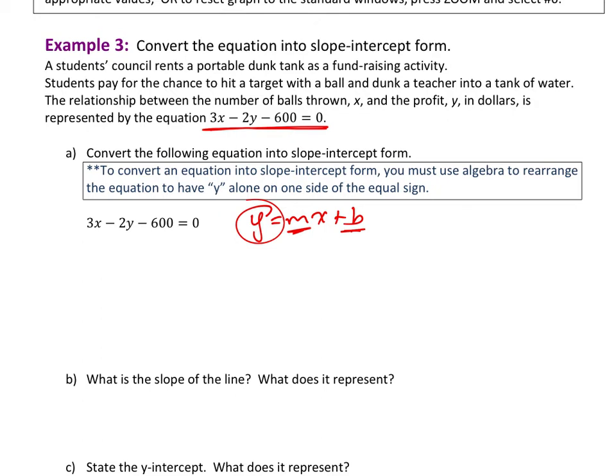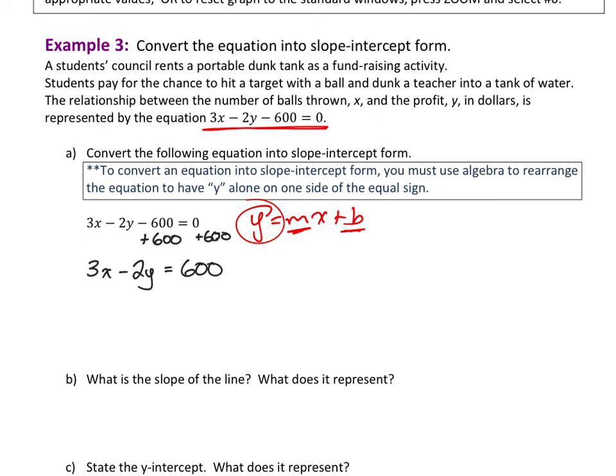To move the 600 over, we'll undo the subtraction by adding 600 to both sides. I'll do it in separate steps. So we're left with 3x minus 2y on the left side equals 0 plus 600, which is just 600 on the right side.